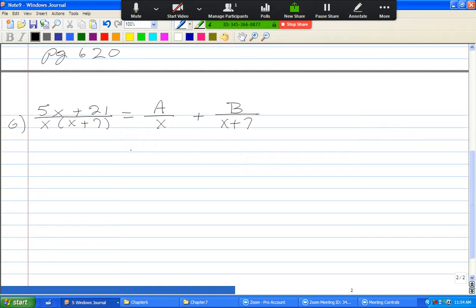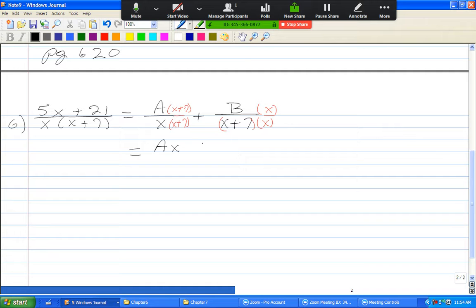So now, let's simplify this. Well, multiply and divide by x. Multiply and divide by x plus 7 to get a common denominator.